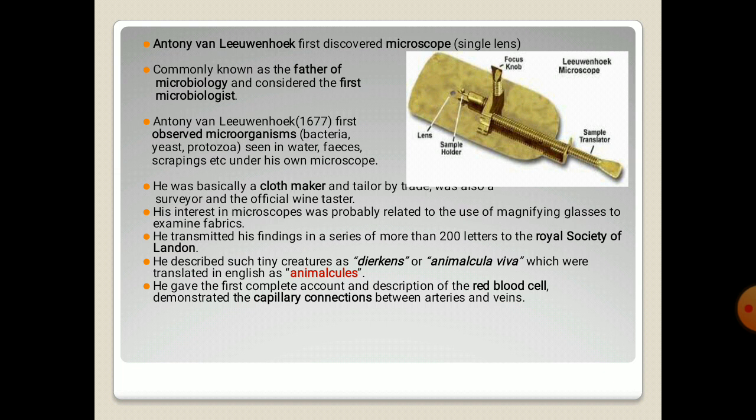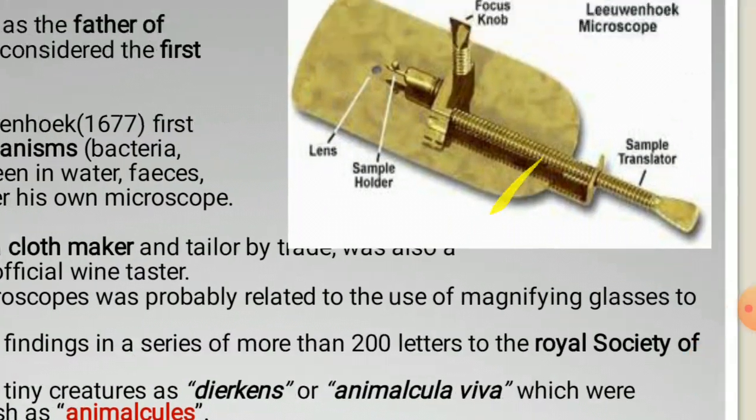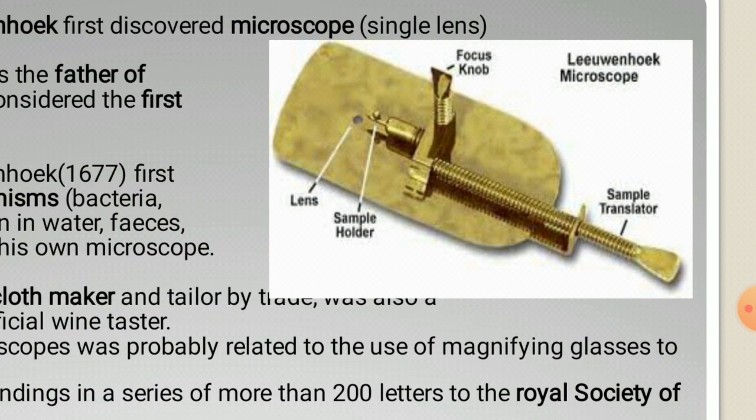This is the simplest microscope made by Leeuwenhoek. Let's see it. This is the lens portion, and here is the sample holder, where the sample is put to see the magnified image through the lens.